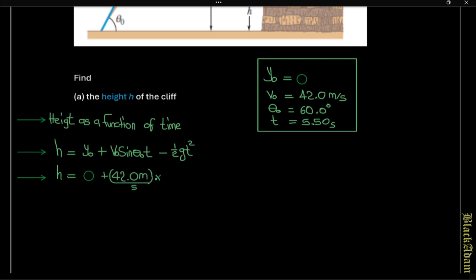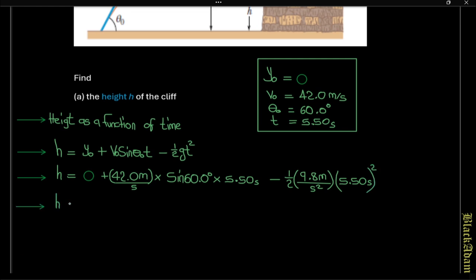We multiply that with sine theta, where theta is 60 degrees, so we take sine 60 degrees, multiplied by our time of 5.50 seconds, minus half the gravitational acceleration, 9.8 meters per second squared, multiplied by the time, 5.50 seconds, all squared.